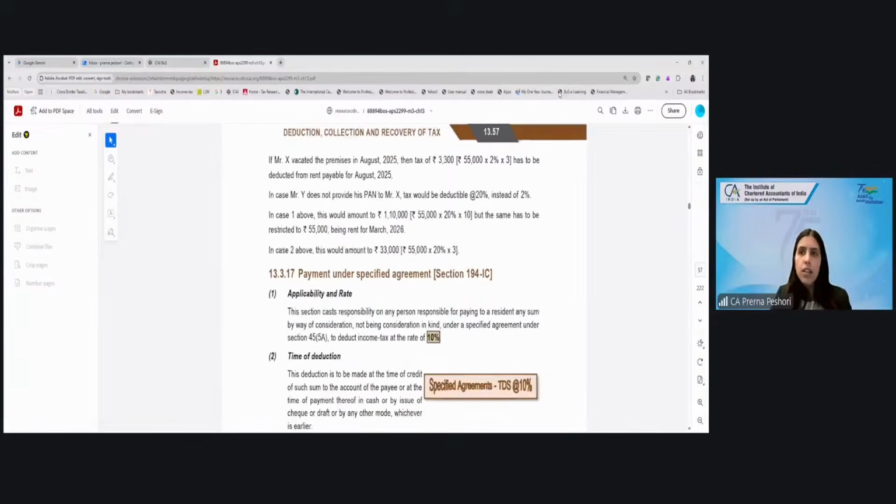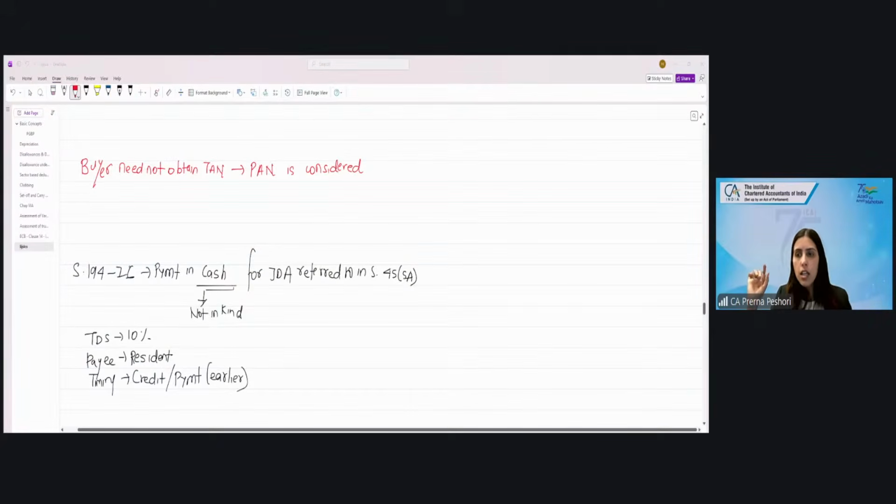Okay, fine. Let us move to the next section then. Section 194IC. This is for the consideration paid in cash for the joint development agreement referred to in 45(5A). What is 45(5A)? When the owner of the land agrees to transfer the land or give the possession of the land to a builder to develop the property on that land.